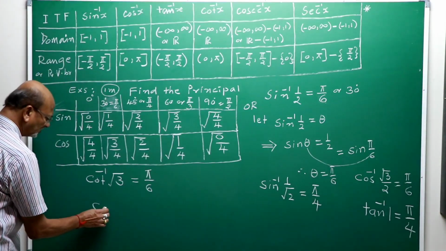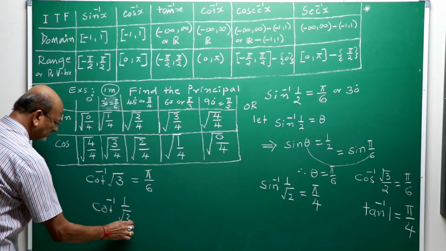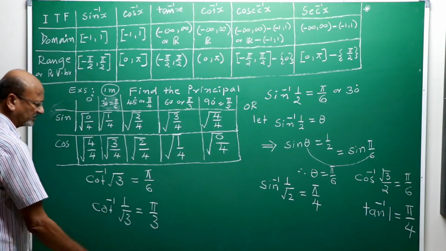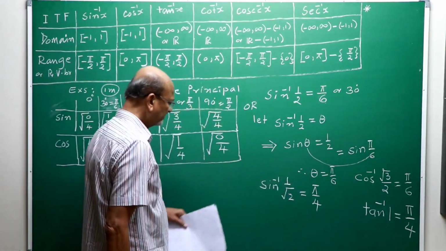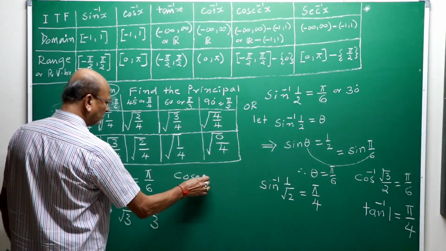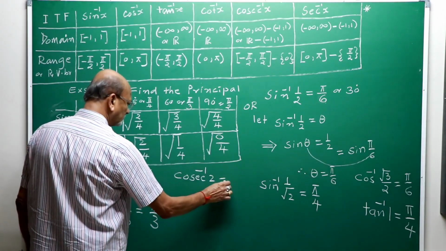What is cot inverse 1 by root 3? Which is bigger, pi by 3. Like this, my friends, you can write anything. If you want one with cosec inverse 2, my friend.